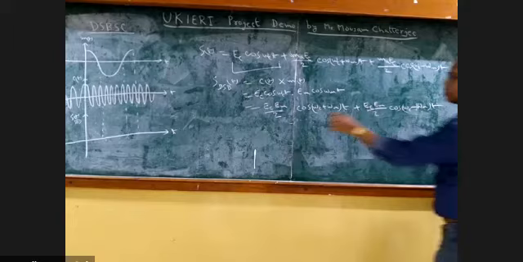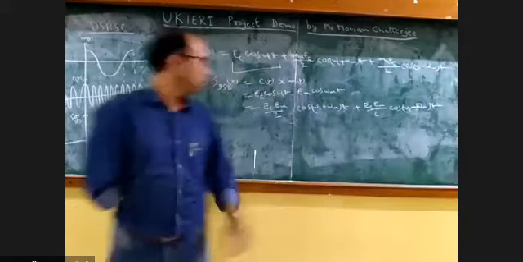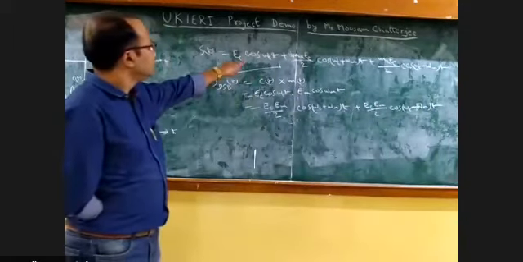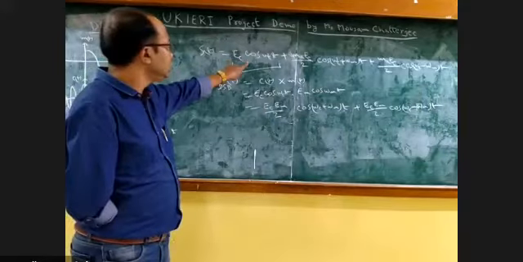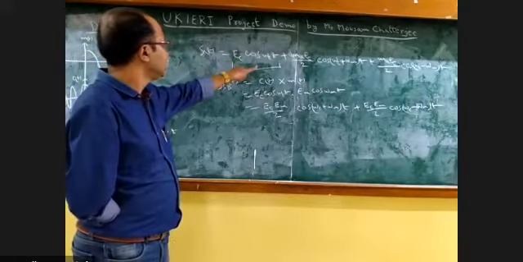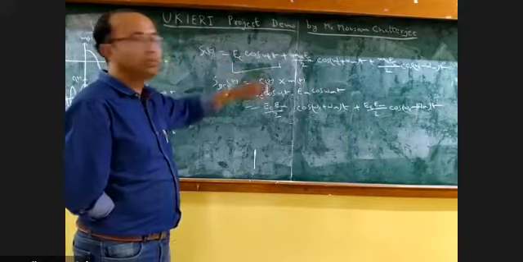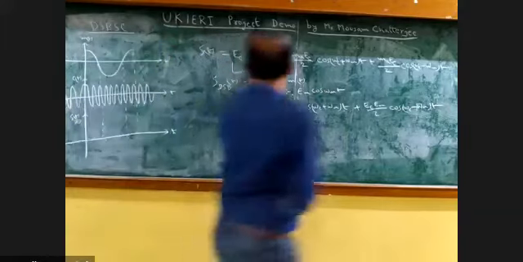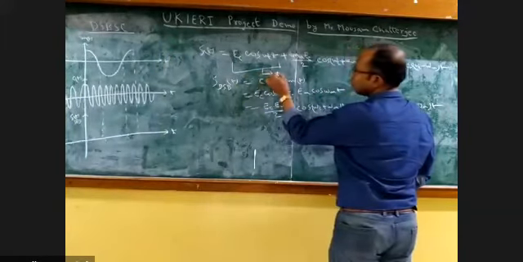What is the advantage of this expression? Okay, the AM expression generates carrier power, which is very much higher, and that is basically wastage of power, as it conveys no information.